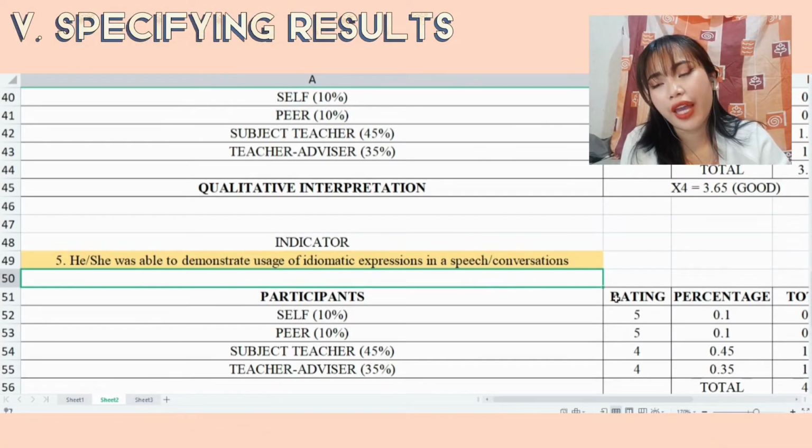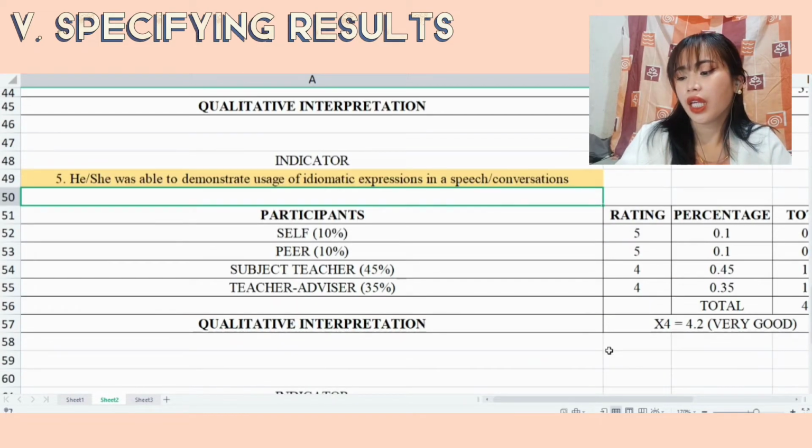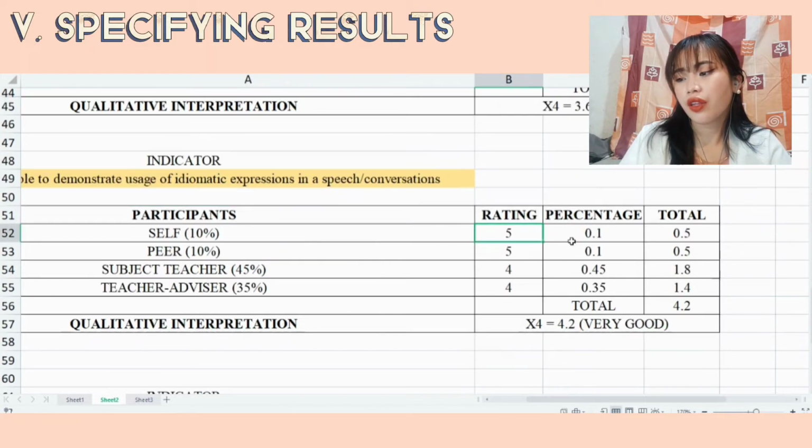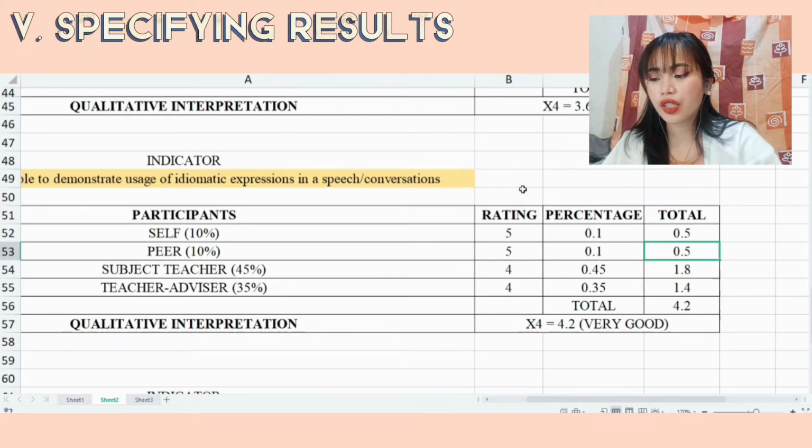Next is number 5. For number 5, the rating from Chris is 5. His peer also rated this one 5. His subject teacher, I think, rated this 4, as well as his teacher advisor. So we have 5, 5, 4, 4, and a total rating of 4.2. What does 4.2 stand for in our checklist?